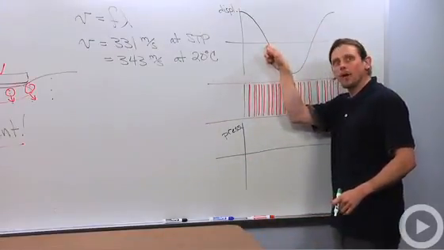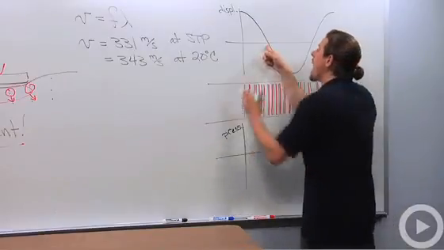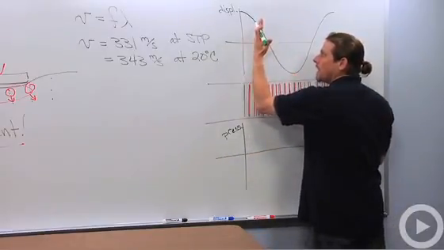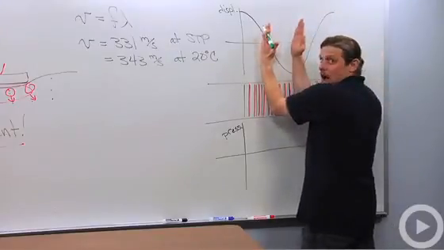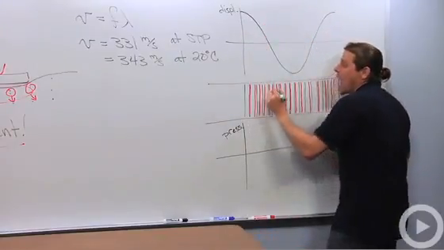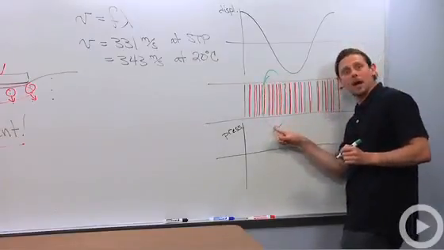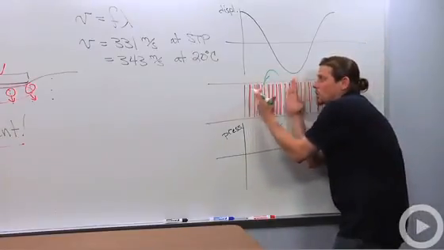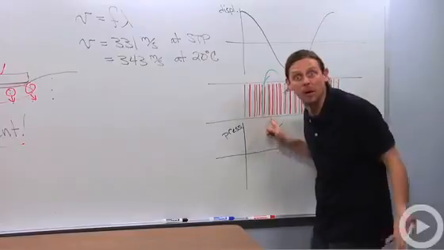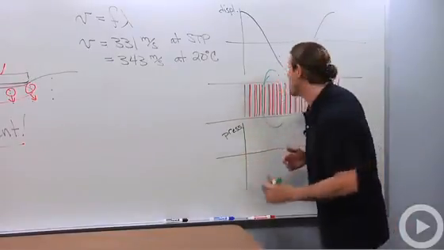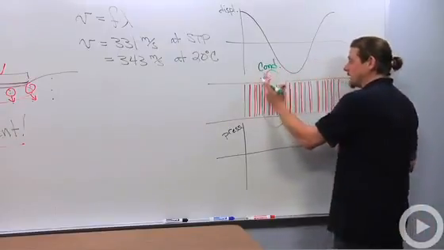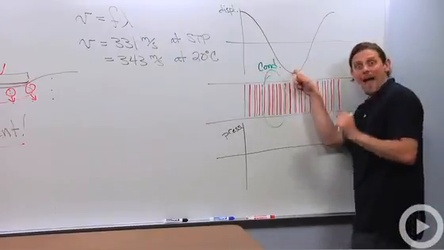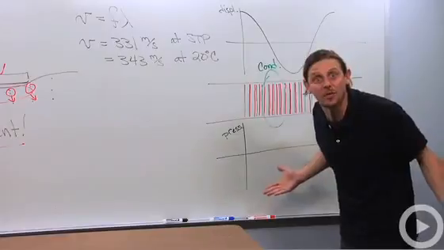But look what's happening around here. The atoms on this side are moved to the right, and the atoms on this side are moved to the left. And so we've got this region right here where the red lines are closer together than they're supposed to be. So this is my condensation. As we continue to go, here we've got maximum displacement, but in the negative direction.